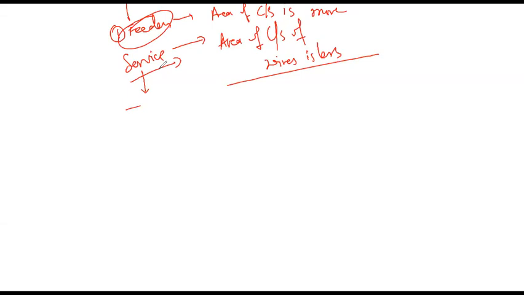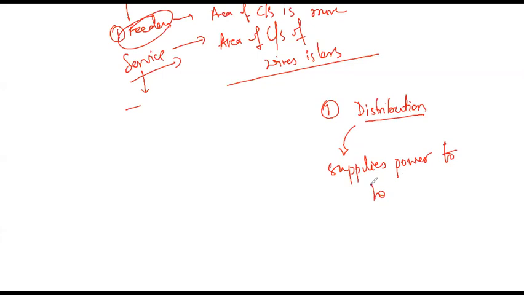So I can generally find out what a distribution system is all about. It's a part of the power system which distributes electrical power for local use or for local requirement. So a distribution system can be defined in such a way that it supplies power to local loads.